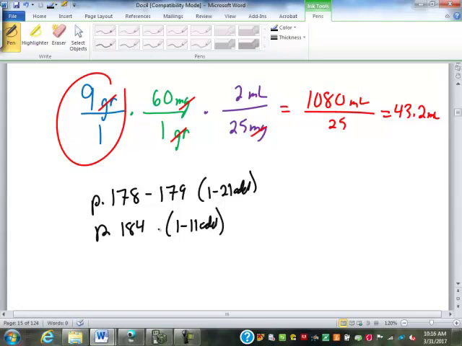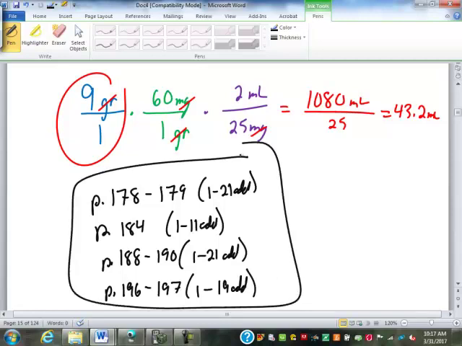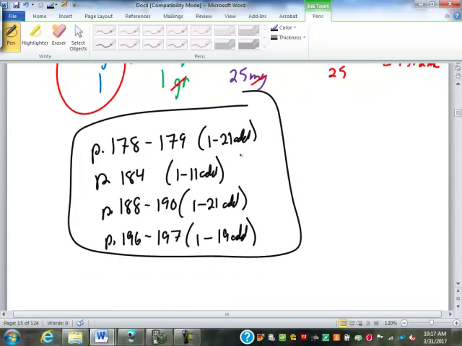That talks a little bit more about the titrations. Page 188 through 190, 1 through 21, the odds. That is the dosages based on weight. And 196 through 197, 1 through 19, the odds. That is the body surface area. You guys have a great week.